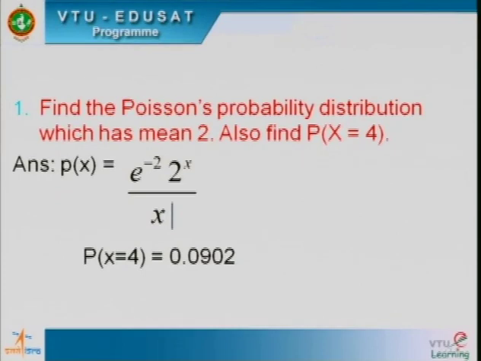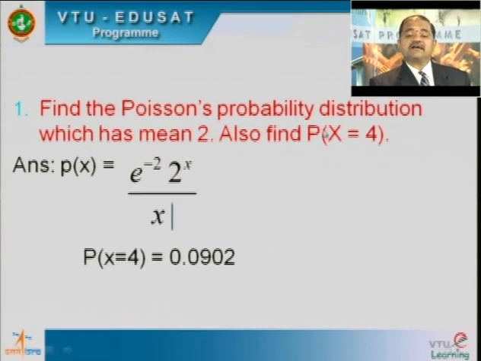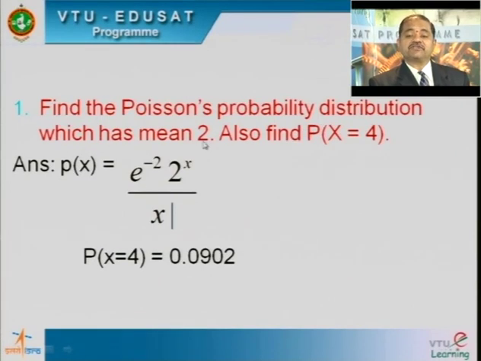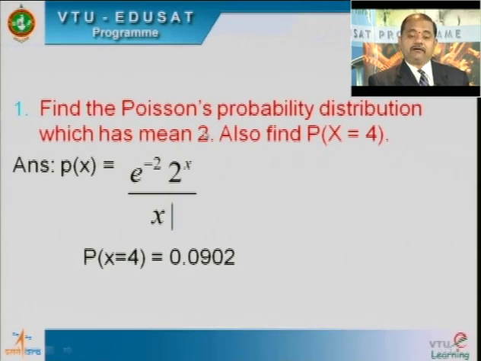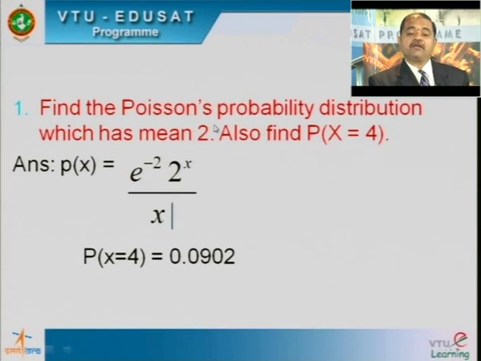First question, it is easy, therefore I am showing it here itself. Find the Poisson probability distribution function which has mean 2. Also find P of x is equal to 4. The mean value is given, and just now I have proved the mean value is lambda.